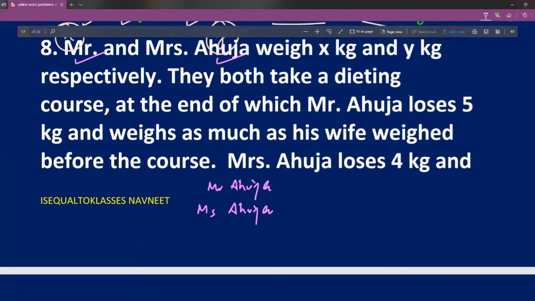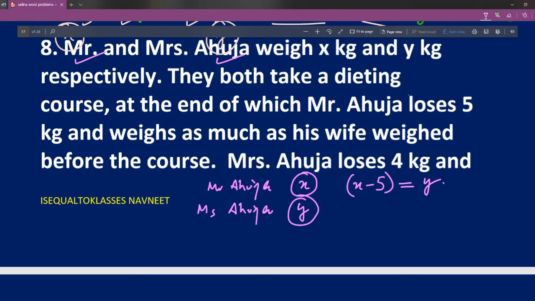Now at the start he weighed x and she weighed y. They started the dieting course. Mr. Ahuja loses 5 kg, so Mr. Ahuja becomes x minus 5 and weighs as much as his wife weighed before the course. So x minus 5 is equal to y.